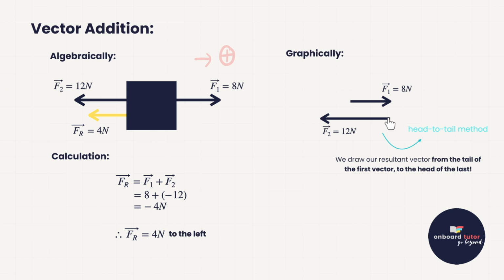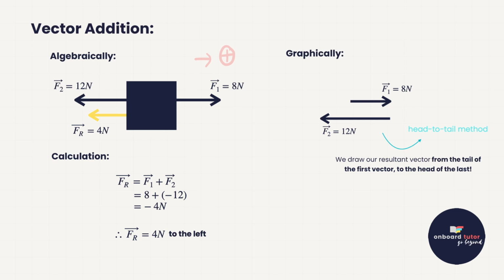So as you can see here, we have the head of our first vector going to the right that way, and then just below it we put the tail where the head of the previous one was. And so to find our resultant vector, we can then say that our resultant vector will go from the tail of the first vector to the head of the last. So it's actually opposite.